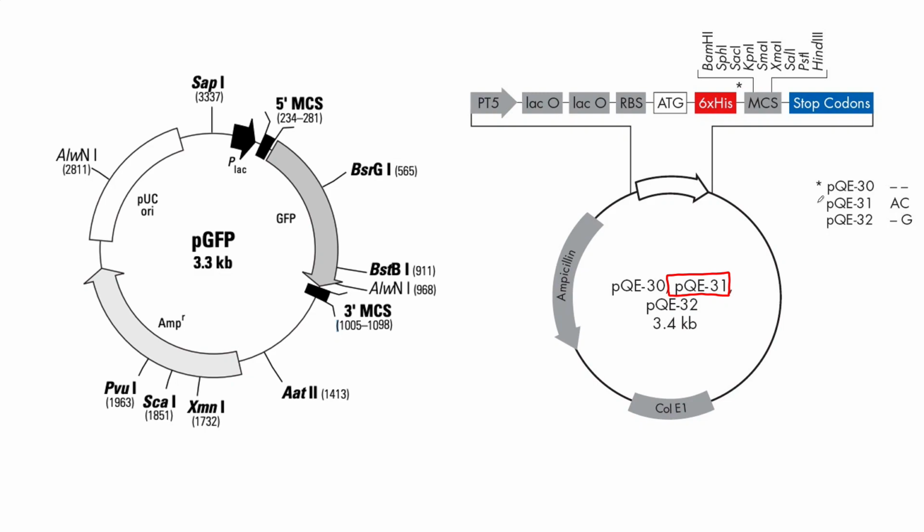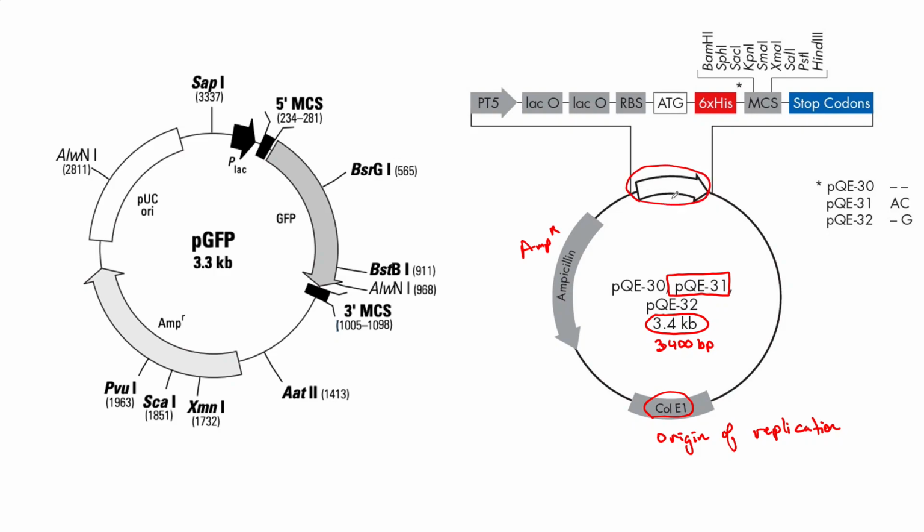Here's the plasmid. Now let's start with things that are in common with the PGFP. The whole plasmid is very close to the same size as PGFP, again about 3,400 base pairs, and it has an origin of replication also, and it also has an ampicillin resistance gene, which is the same one that we see in PGFP. The big difference that we see between PQE31 and PGFP is right up here in this region.